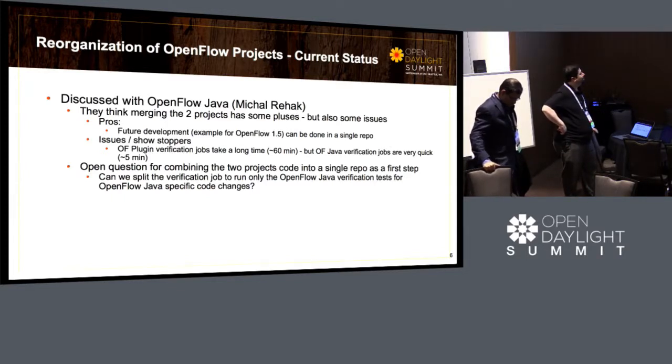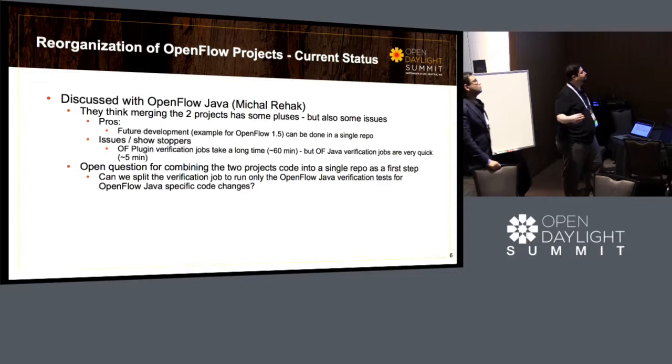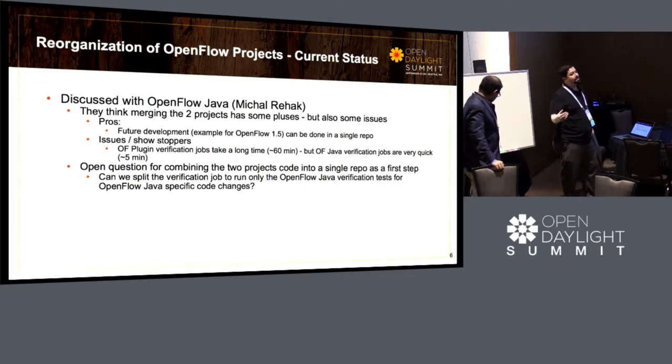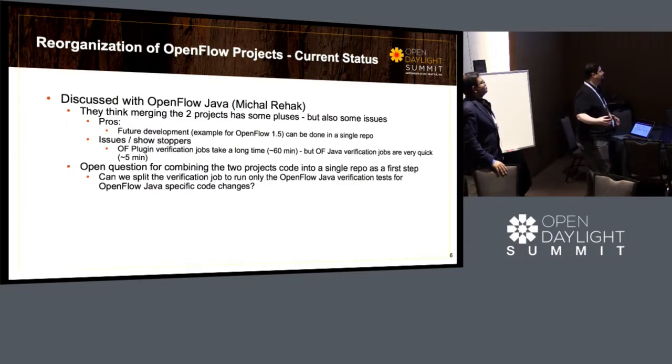And so this begs a big question: theoretically, if we combine these two projects together, is it possible for us to run only the relevant verification tests, so that if you merge code in the OpenFlow Java specific directories or folders, only those verification tests run?